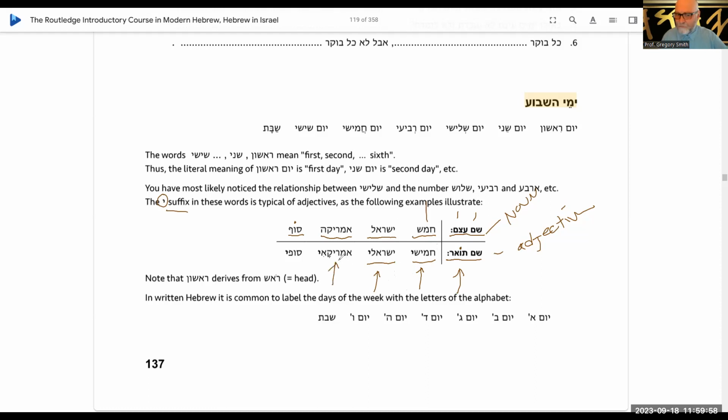Amerikai. So I would say Ani Amerikai, I'm American. I grew up in America. If you grew up in some other country, then it would be an adjective describing that. If you grew up in Pakistan, you would say Ani Pakistani, or whatever the Hebrew word is for Pakistan. I'm not sure offhand.